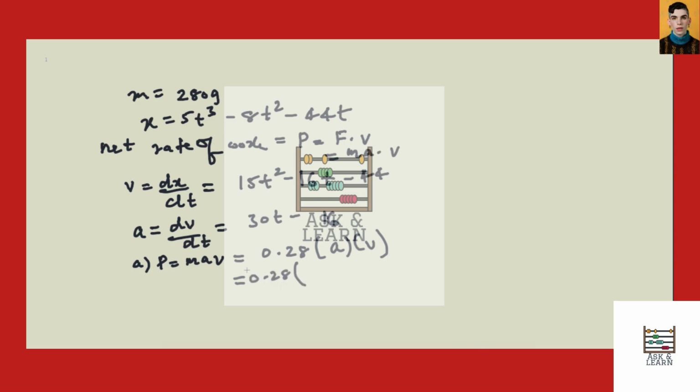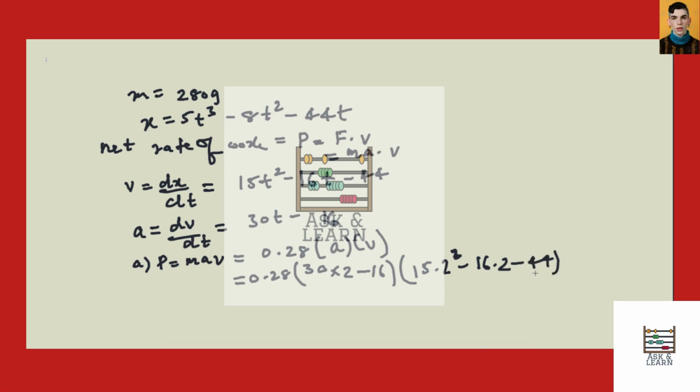The acceleration function is this, and we just plug in the value of 2 seconds. So it's 30 times 2 minus 16. That's the acceleration at 2 seconds, and the velocity at 2 seconds is given by 15 times 2 squared minus 16 times 2 minus 44.